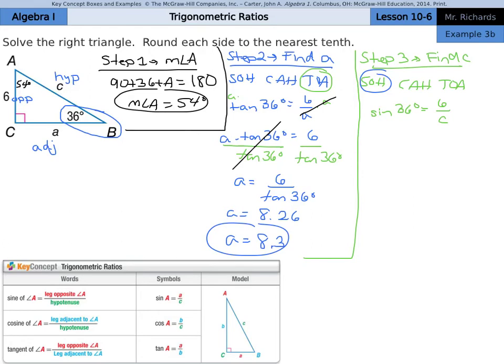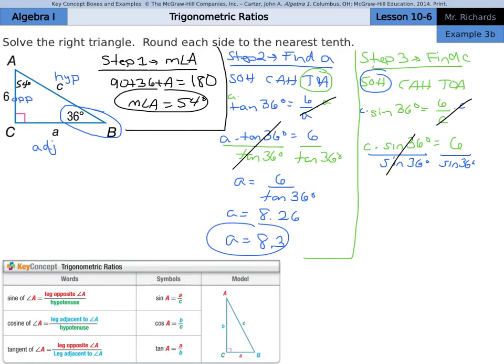And now, to get the variable alone, we'll start by multiplying by C on both sides. So that cancels. And we're left with C times the sine of 36 degrees equals 6. And if we now divide by the sine of 36 degrees on both sides, this cancels.